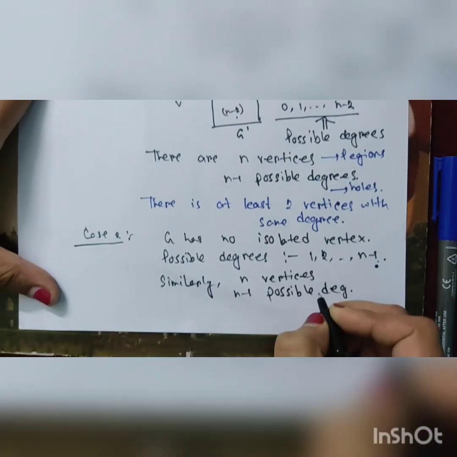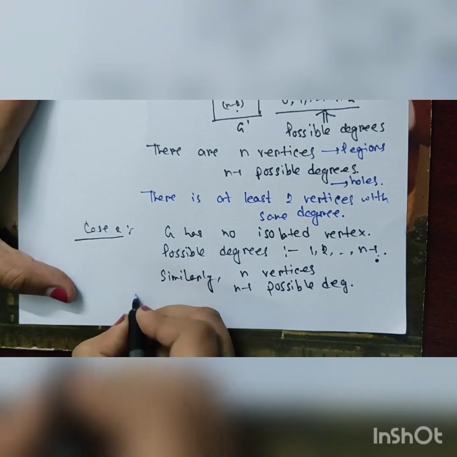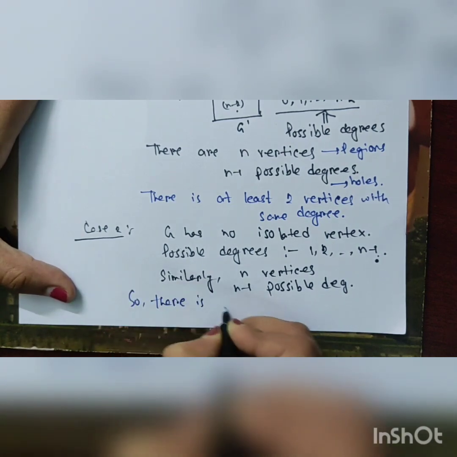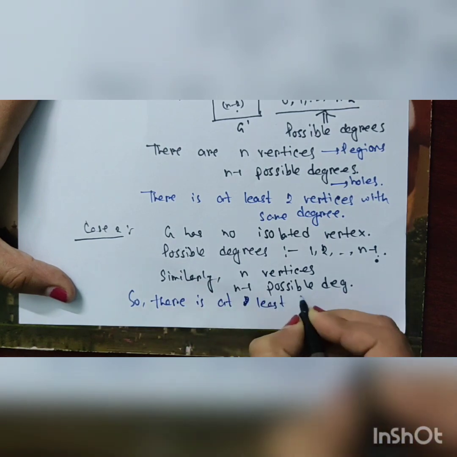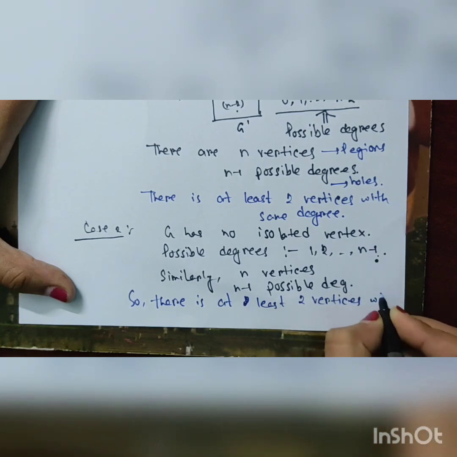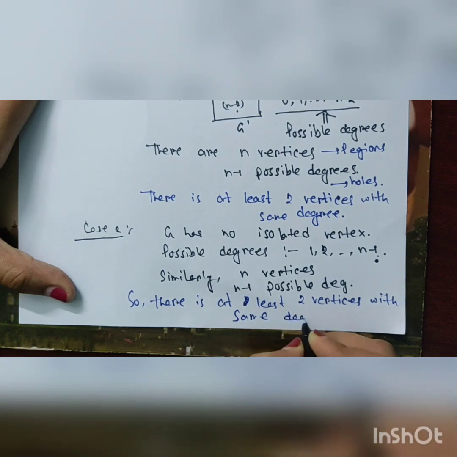So there are at least two vertices with the same degree. So here this proof is complete.